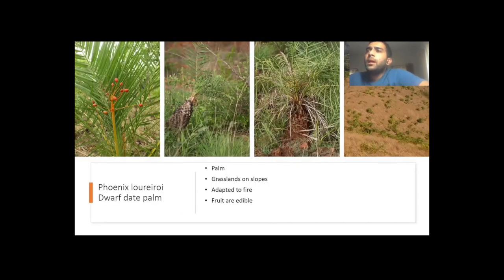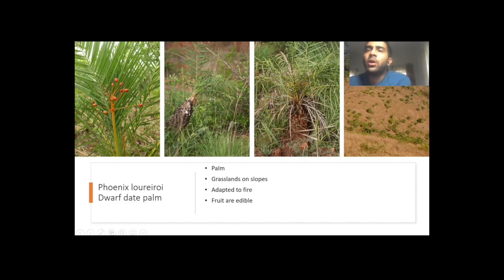In the grasslands, there are not too many trees that you find in the grassland itself, because it's mainly grasses. But you can find this palm. It's the dwarf date palm, Phoenix loureiroi. Don't worry about the name. But what's important is they grow well, and even if there's fire, they seem to be adapted to fire.